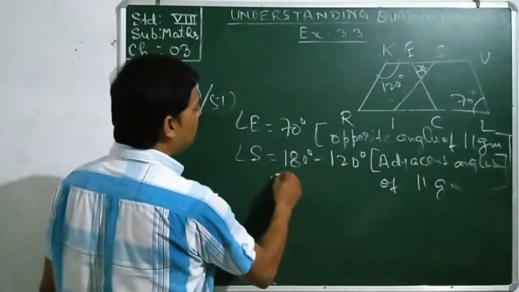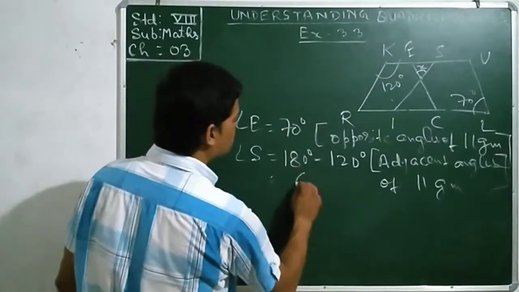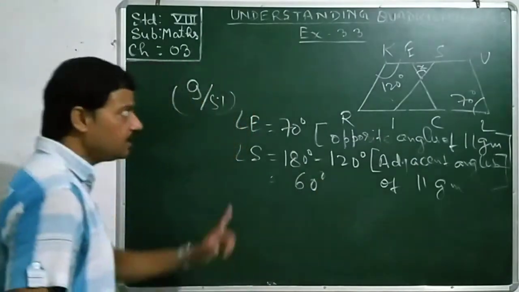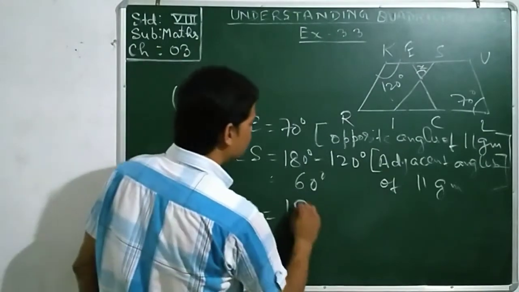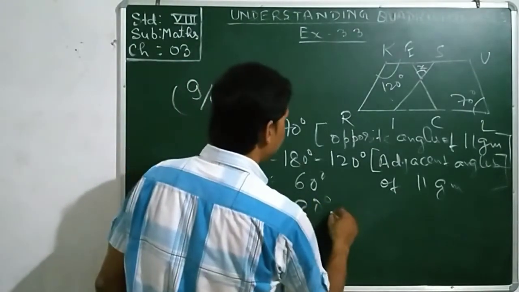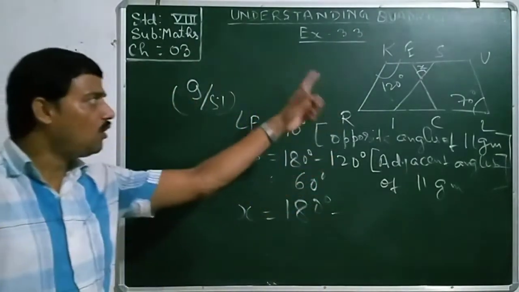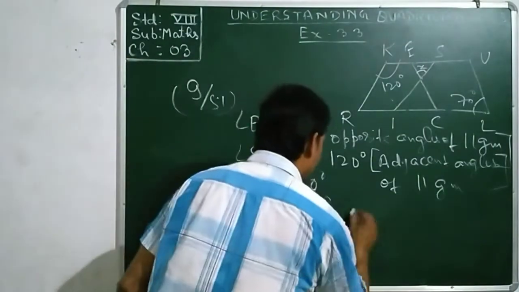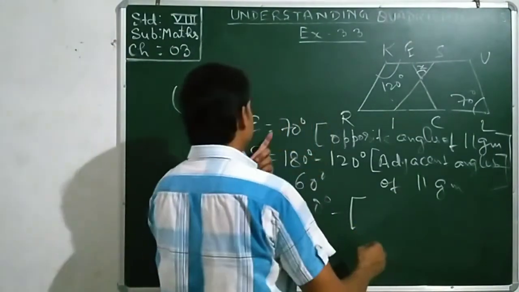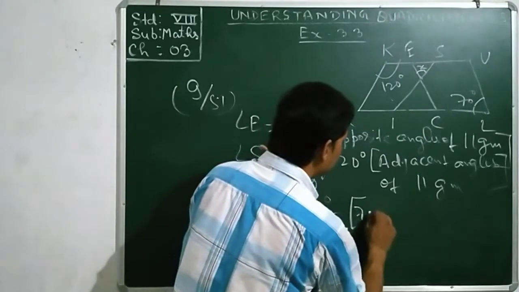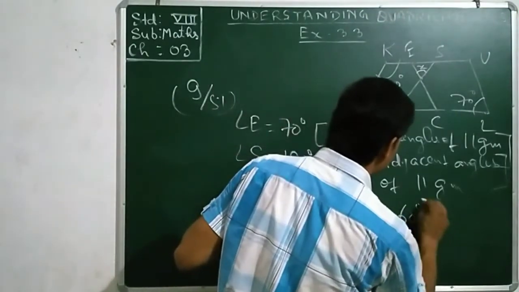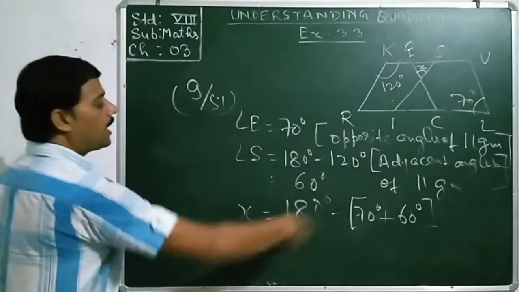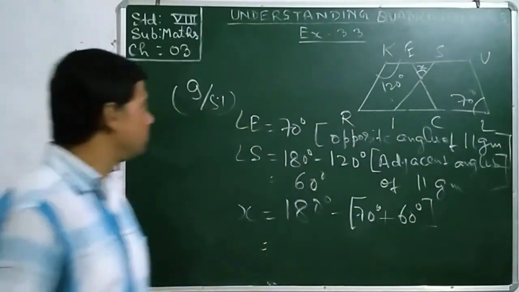Once you get the value of S, 180 minus 120, that is 60 degrees, find out x very easily, because 180 degrees is the sum of all three angles of a triangle, minus angle E 70 degrees and angle S 60 degrees. Find out the value of x yourself.